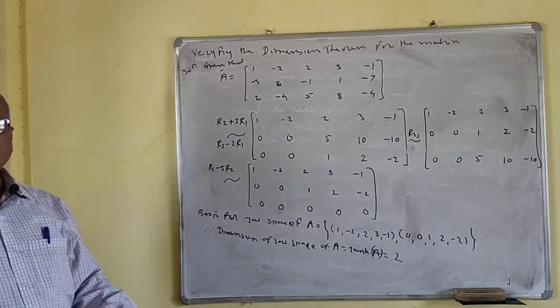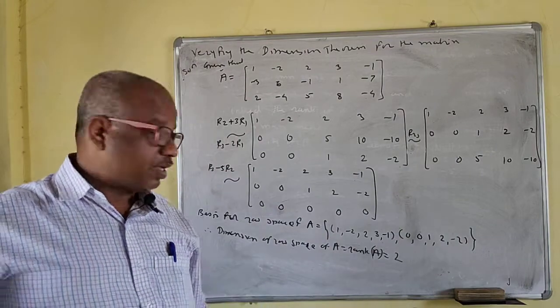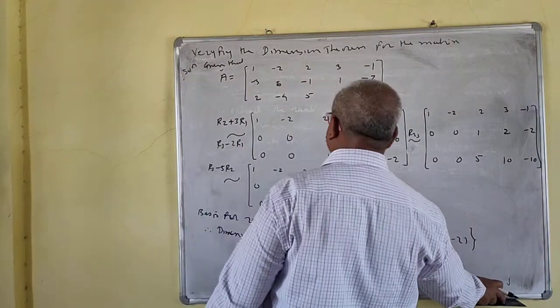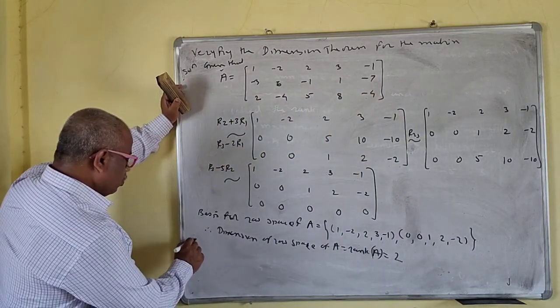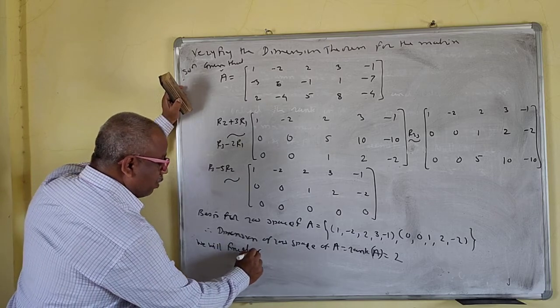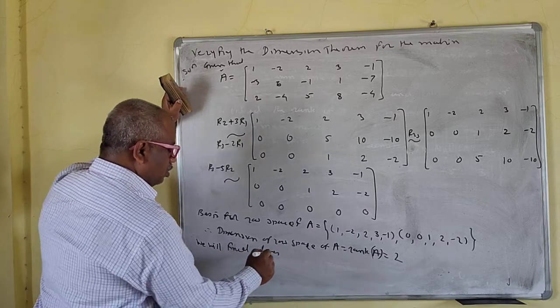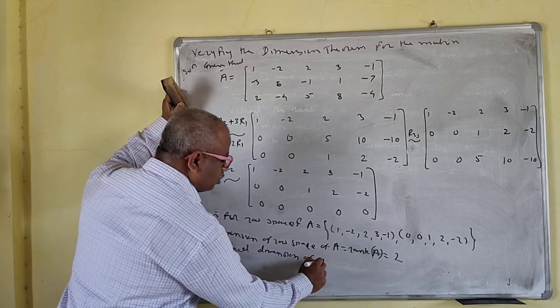So that means we have to find the dimension of the null space of A. That means we have to find a null space. Okay, now we will find the dimension of the null space of A.